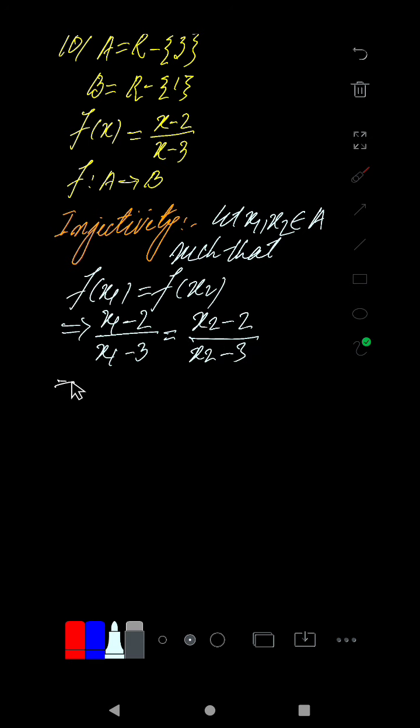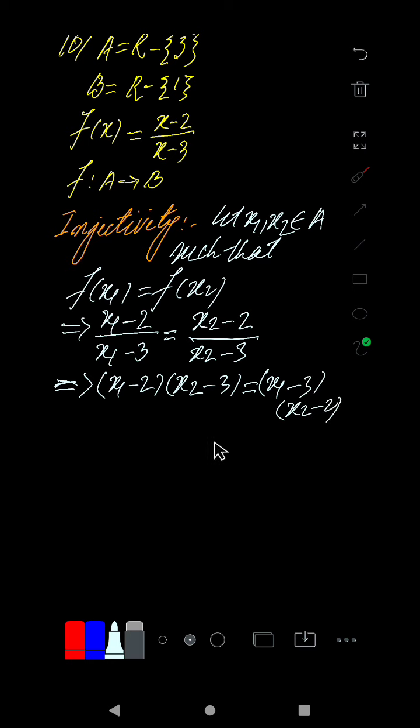It implies that if we cross multiply, we have (x1 minus 2) into (x2 minus 3) is equal to (x1 minus 3) into (x2 minus 2).